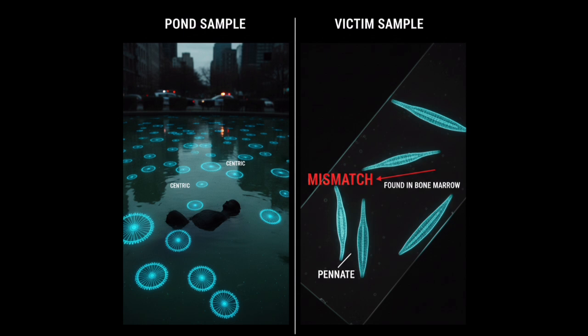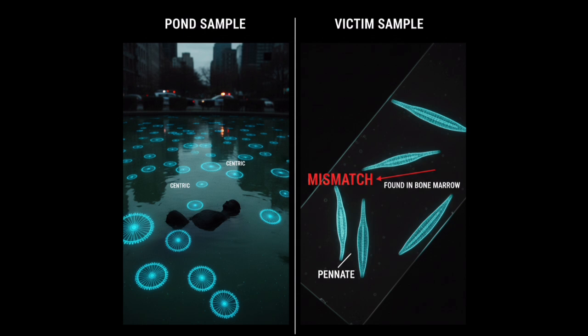A water sample was collected. The pond water contained only centric diatoms, but what the pathology report confirmed doesn't match this. The victim's bone marrow was filled with pinnate diatoms. Imagine that. The water body where he was found contained only centric diatoms, but the pathology report confirmed that it had pinnate diatoms.